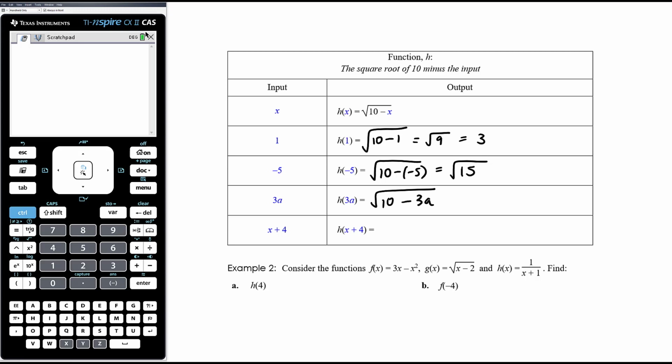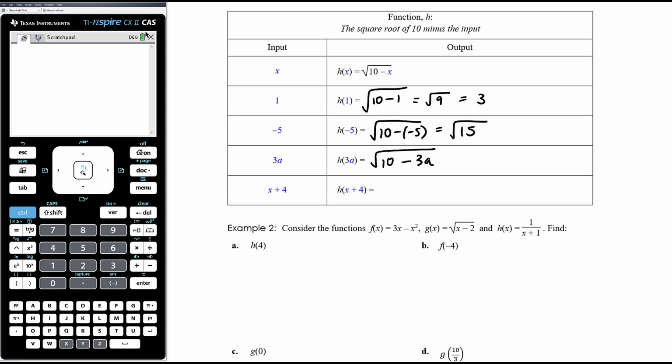We can't simplify that any further. If the input is x plus 4, h of x plus 4 is the square root of 10 minus, now careful here because it's minus all of x plus 4. So that's the square root of 10 minus x minus 4, which is the square root of 6 minus x.